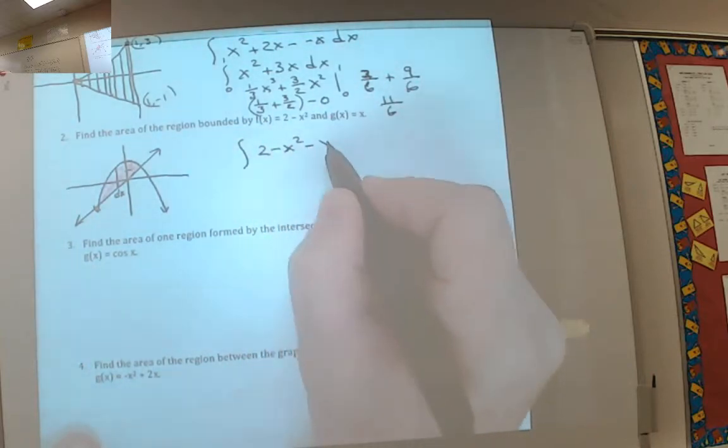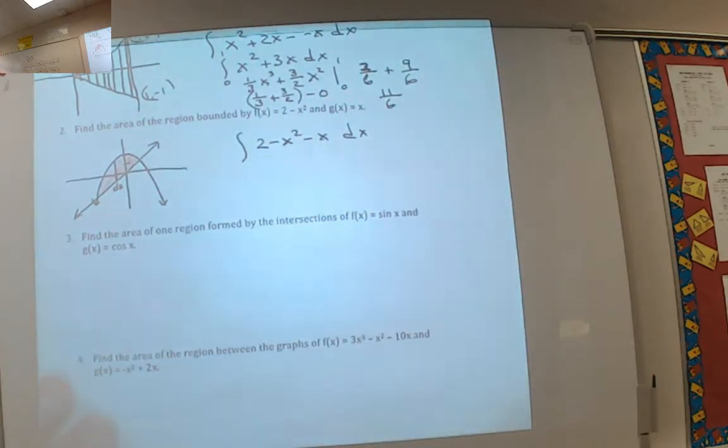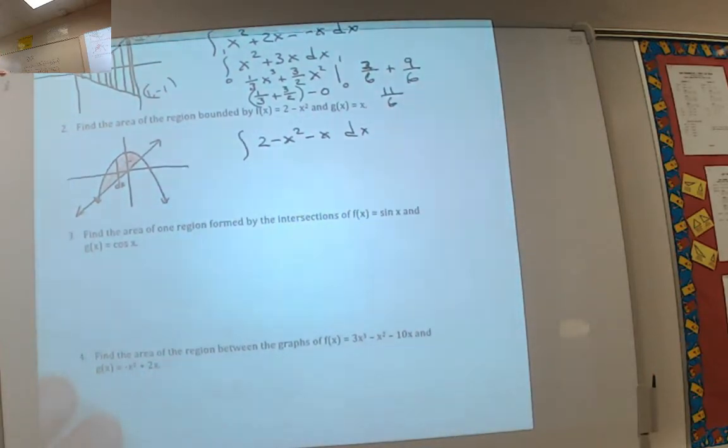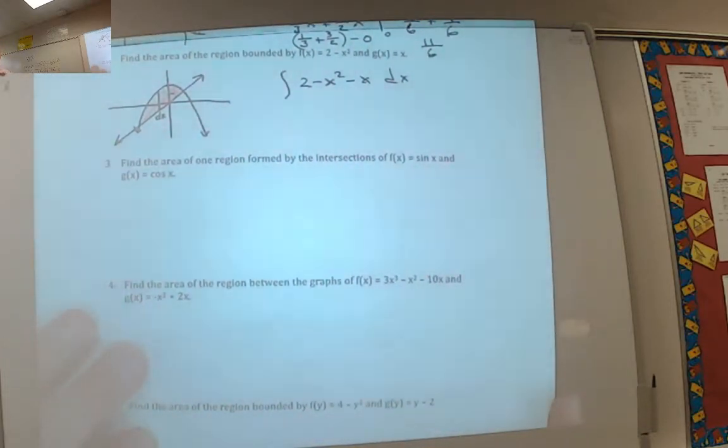Perfect. Dx, correct? Yeah. Now this is a non-calculator problem, so how are we going to figure out those intersections? They have the same x and the same y, right?